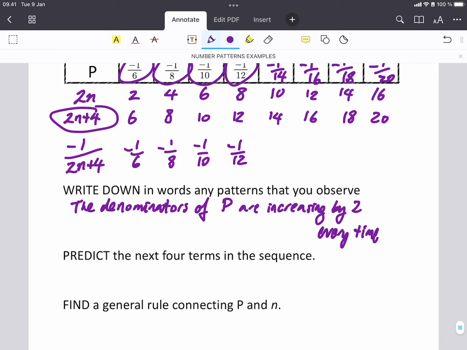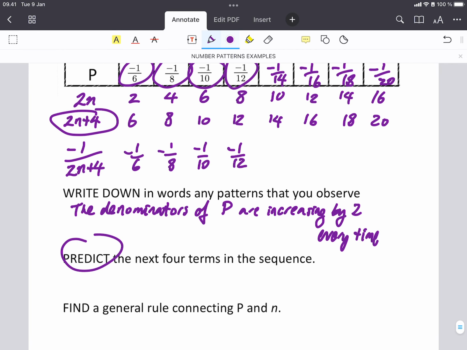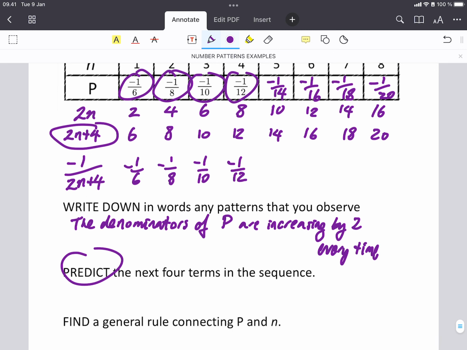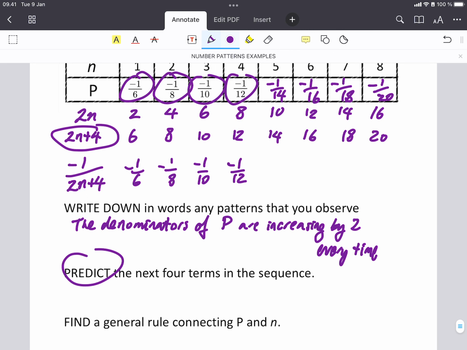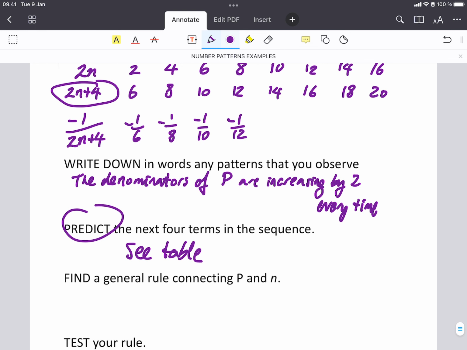So the general rule is, well, actually, the next bit of the question is predict the next 4 terms. So I've actually done that in the table, haven't I? So see the table. Right, so find a general rule connecting P and n. P equals minus 1 over 2n plus 4.